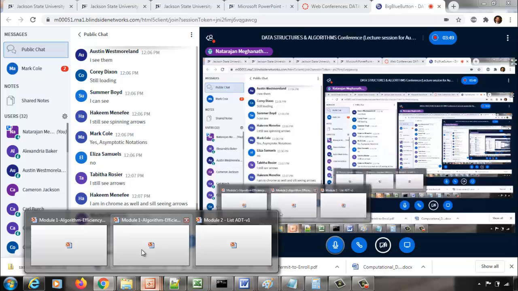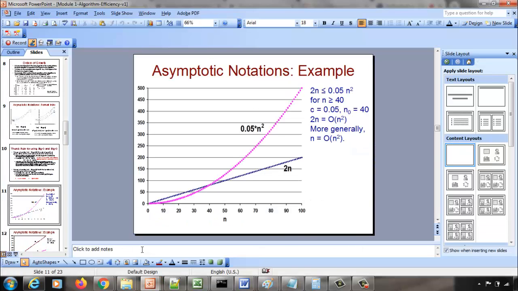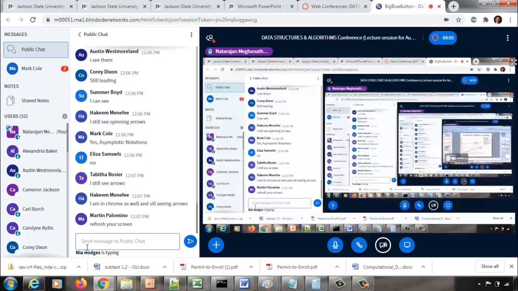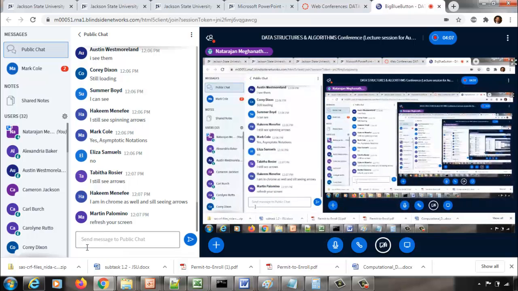Okay, let me go back to PowerPoint. So asymptotic notations and the two curves 2n and 0.05 n square. This is what I'm showing now. Now I'm back to the Canvas, so you may see some arrows, but when I go to PowerPoint, you should be able to see only the slide.